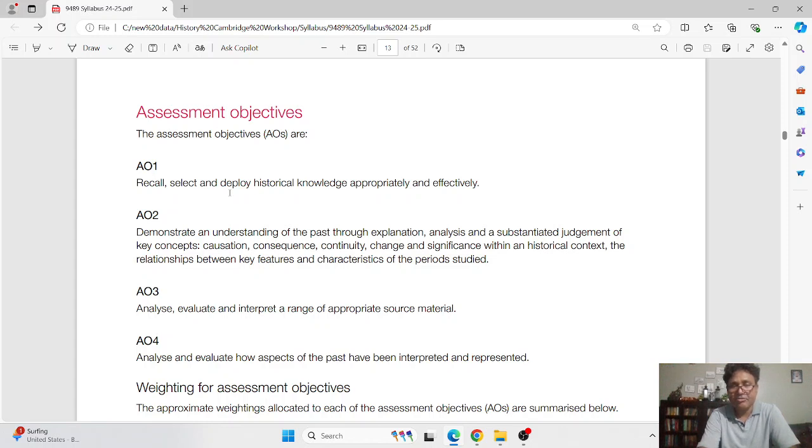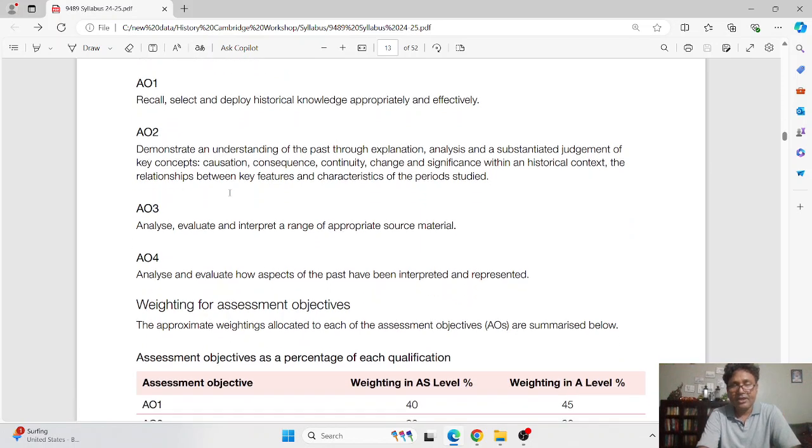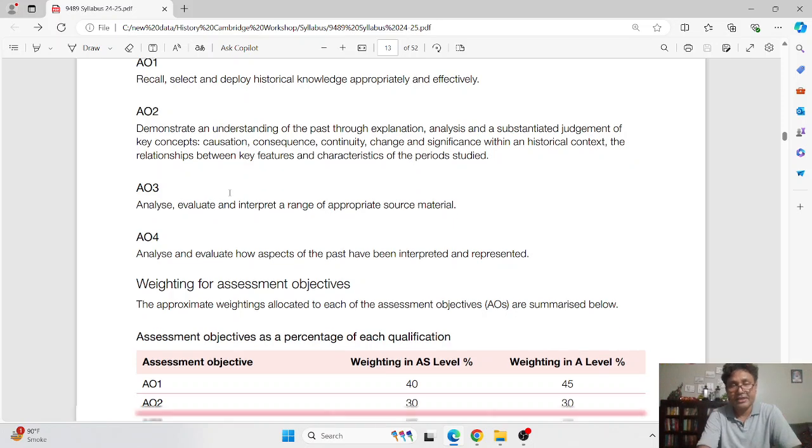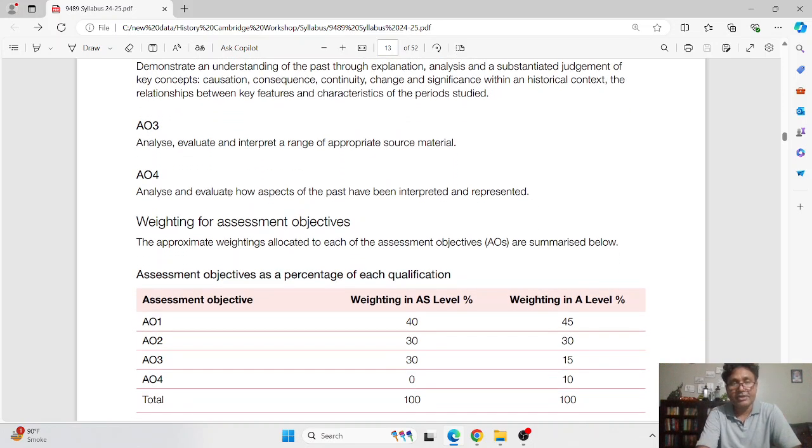The candidate is going to highlight the causes of events, their explanation, and the consequences of the events, and all this. And assessment objective 3 is about analysis, evaluation, and interpretation skills that the candidates are supposed to demonstrate in their responses for paper 3.